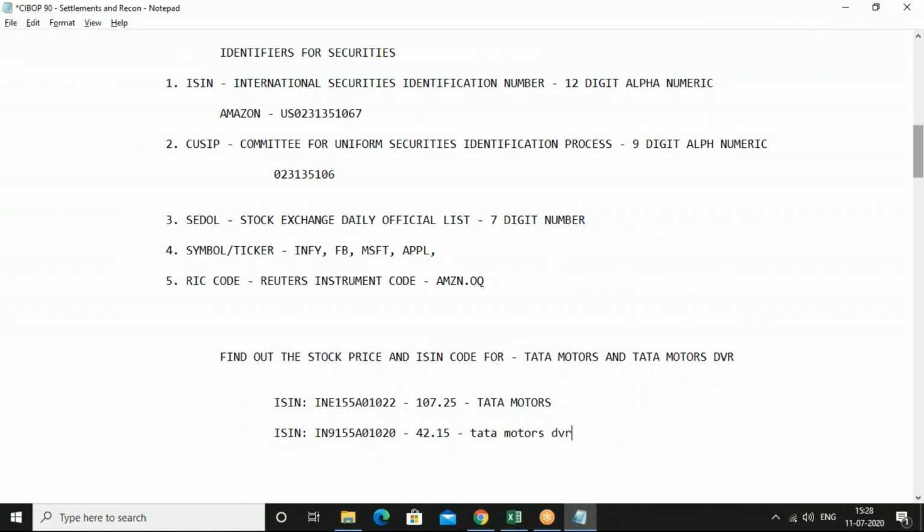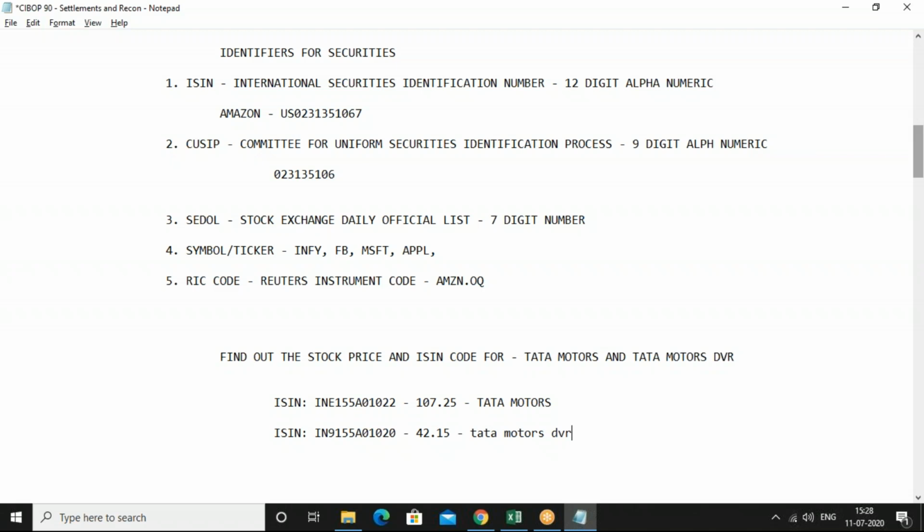Okay. Now, why this exercise, right? The ISIN codes, and you can do this same example for CUSIP, SEDOL, it doesn't matter. Understand what I'm trying to say here is that these ISIN codes are very important because at a front office level, imagine a guy in front office, a client places an order saying that I want to buy Tata Motors.